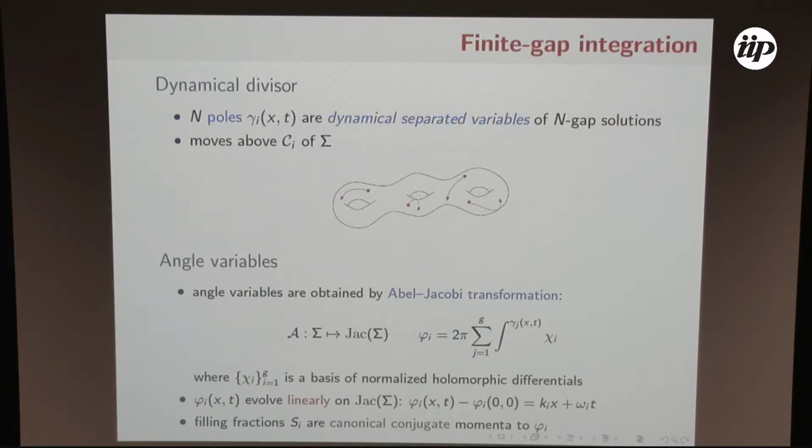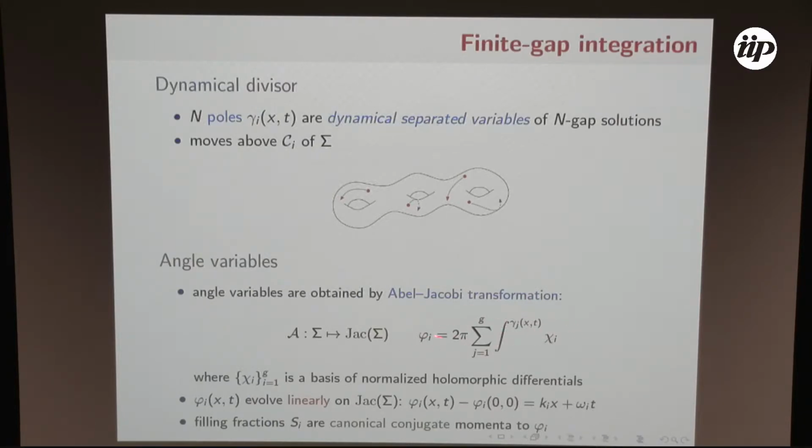And what is remarkable is that there exists a transformation, called the Abel-Jacobi transformation, from these variables gamma to another set of variables denoted by phi. You just evaluate some Abel integrals of holomorphic differentials.